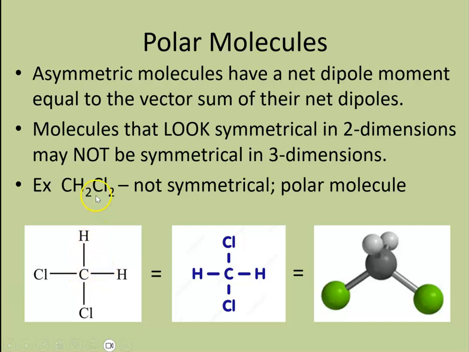If you were to draw CH2Cl2, it would seem like you could potentially draw two different molecules, one in which the chlorines are adjacent to each other and the hydrogens are adjacent to each other, and one in which the chlorines are opposite each other and the hydrogens are opposite each other. Those actually turn out to be the same molecule, because in three dimensions it looks like the ball and stick model over here. You can see there's definitely a hydrogen white side and a chlorine green side that makes it non-symmetrical, and therefore it's polar.